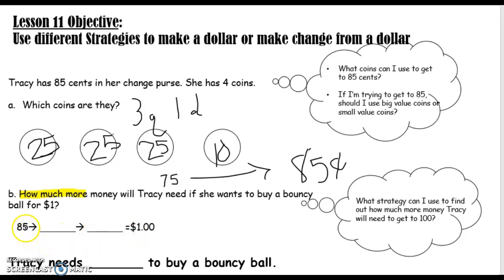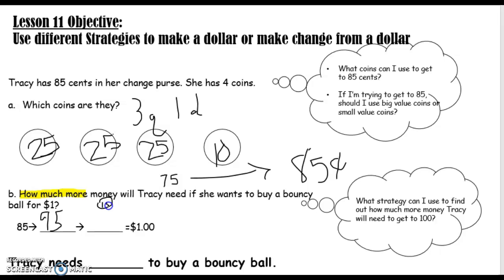From 85 to this number here, what would be the value that we should add to get to the first line? If you guessed 10 cents, then you are correct, because 85 plus 10 more cents is 95.